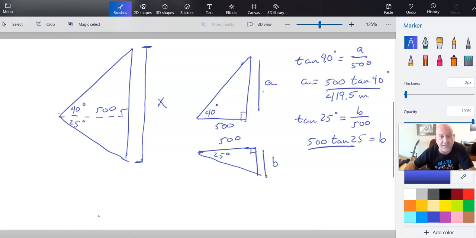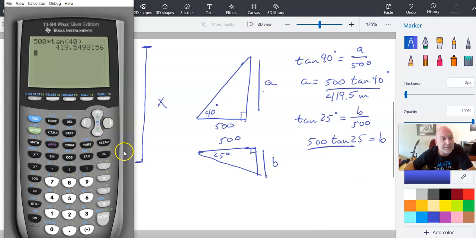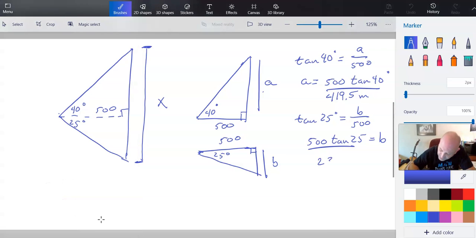Okay, now we need to do the same thing with tangent 25. So we have 500 times tangent 25, and I get 233.2. So that's 233.2. And now we found both of these pieces.